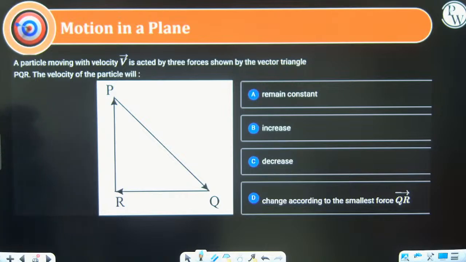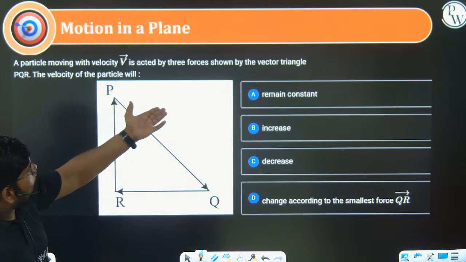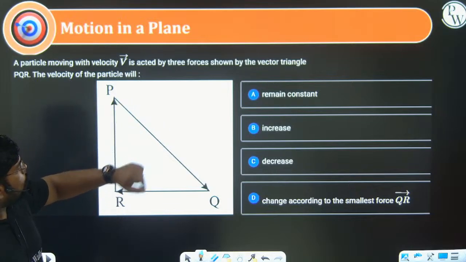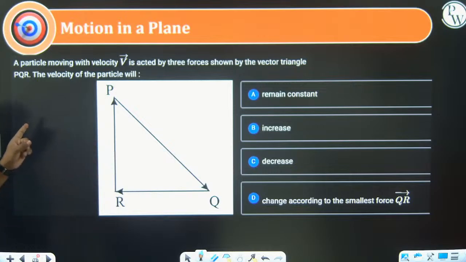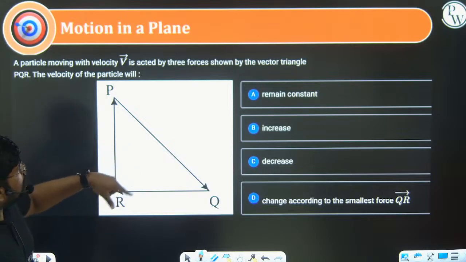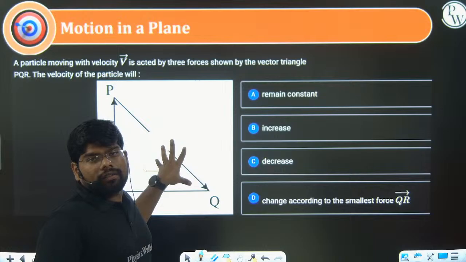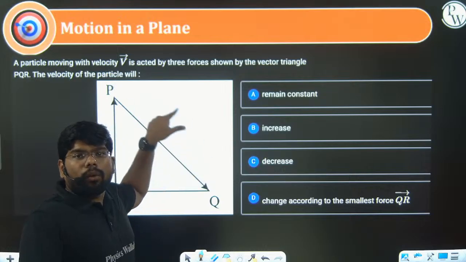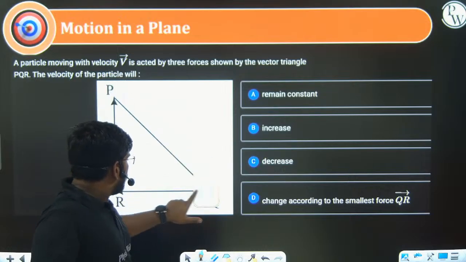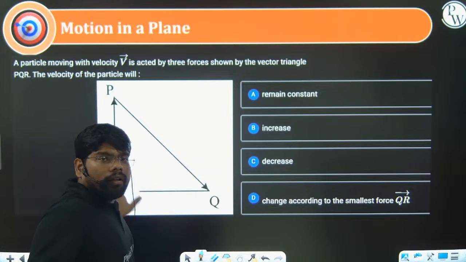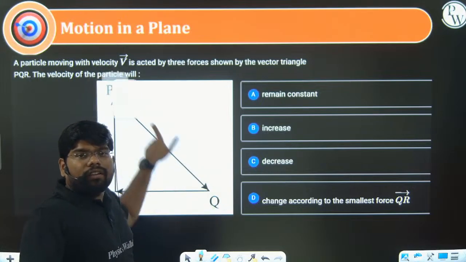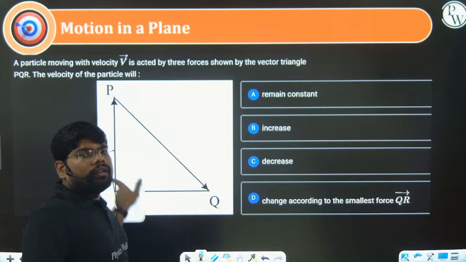Okay, so a particle is moving with a velocity and is acted on by 3 forces shown in the figure. These are the vectors representing forces, and they form a closed loop. Whenever vectors form a closed loop, what is the resultant?